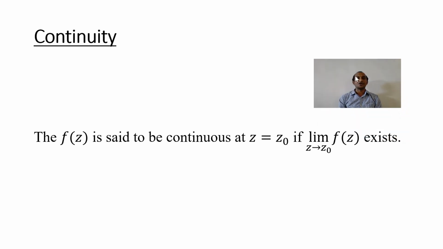Now continuity. This is the definition of continuity. The f of z is said to be continuous at z equal to z0 if limit z tends to z0 of f of z exists. That means the limit exists, and if we put z0, then f of z0, both are equal, then the function is continuous, or f of z is continuous at z equal to z0.